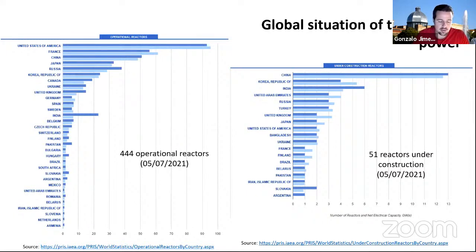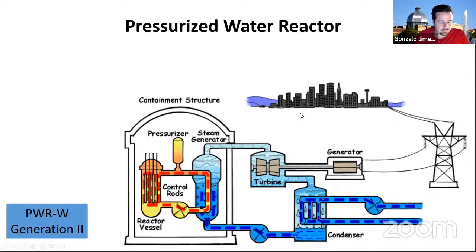Not only do we have 51 reactors under construction, but we also have a lot of new planning for new constructions in different countries. So that's the picture. There are a lot of reactors in operation, but we also have a lot of construction around the world. So that's the situation we have.